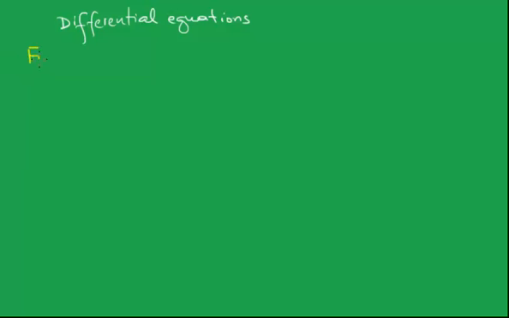Find a function little f of x such that f prime of x is equal to 12x cubed minus 1.